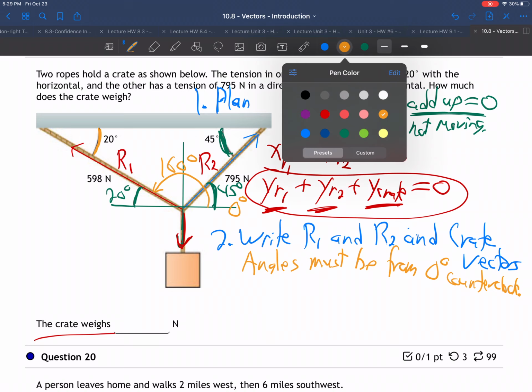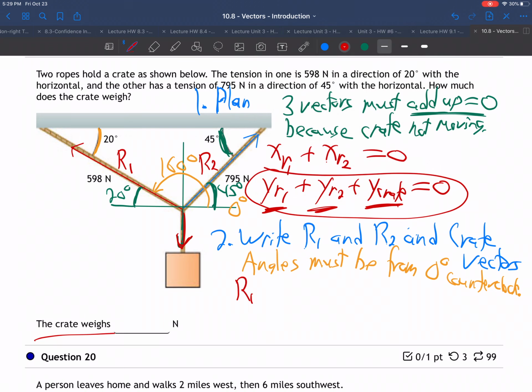So for rope 1 then, remember how it works? You take the magnitude, that's for the x and the y. It's always going to be magnitude cosine theta for the x. I'll just call it the x. And the y is magnitude sine theta. That's on the formula sheets.